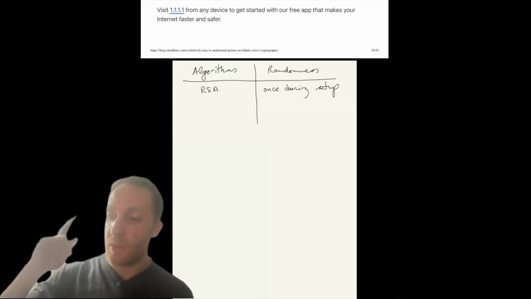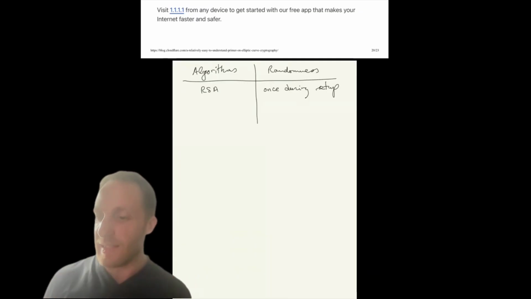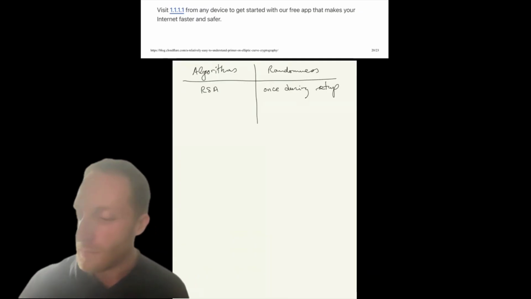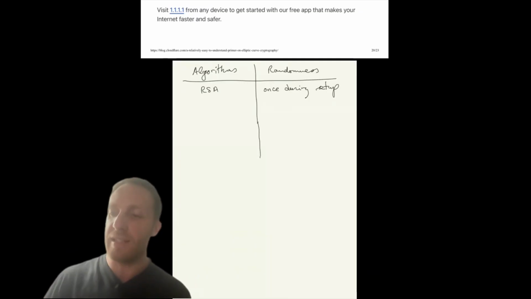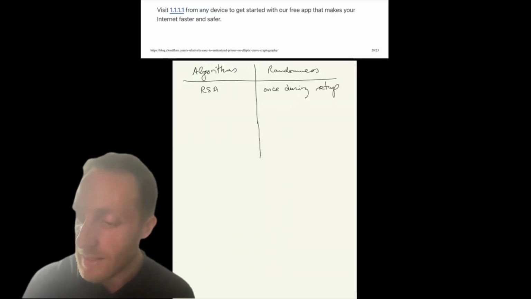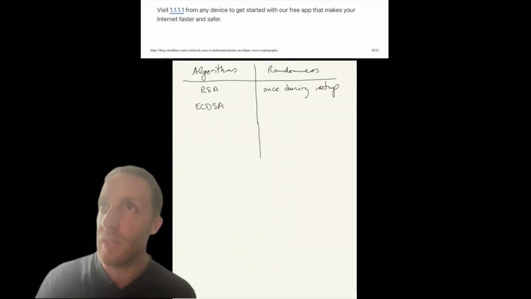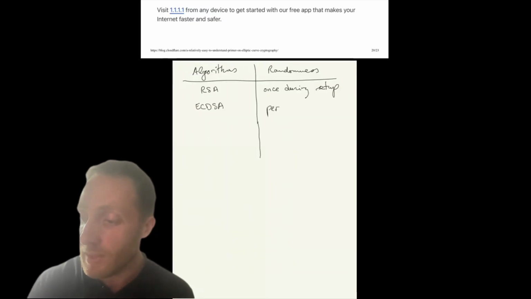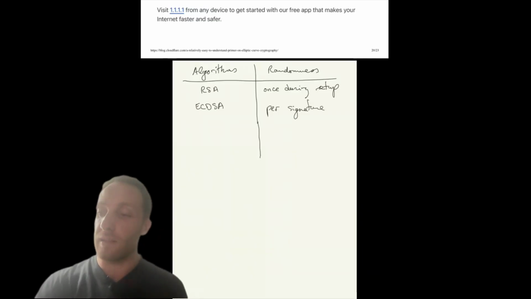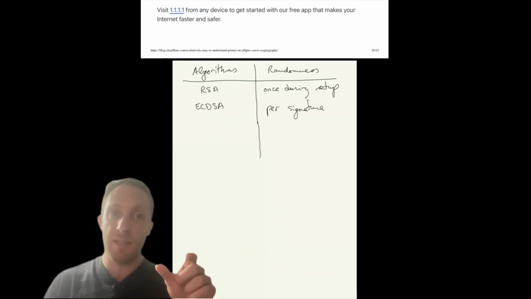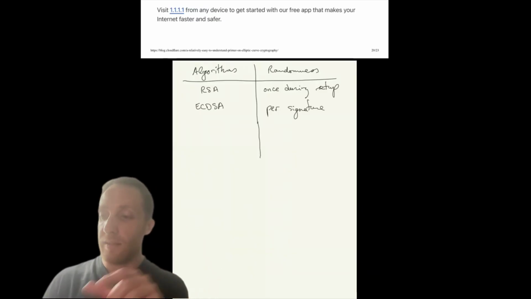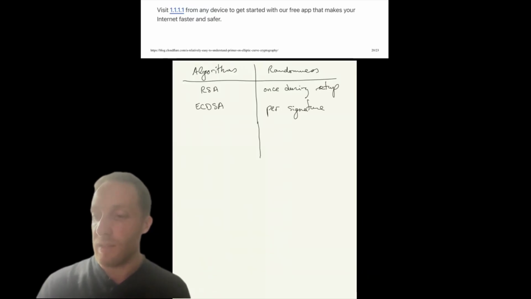You only need randomness once, and then you can encrypt or sign as many messages as you want. Whereas with ECDSA, the elliptic curve digital signature algorithm, you need randomness per signature. So this is the one drawback of using ECDSA. It gives you smaller keys and faster verification time, but it requires a source of randomness.